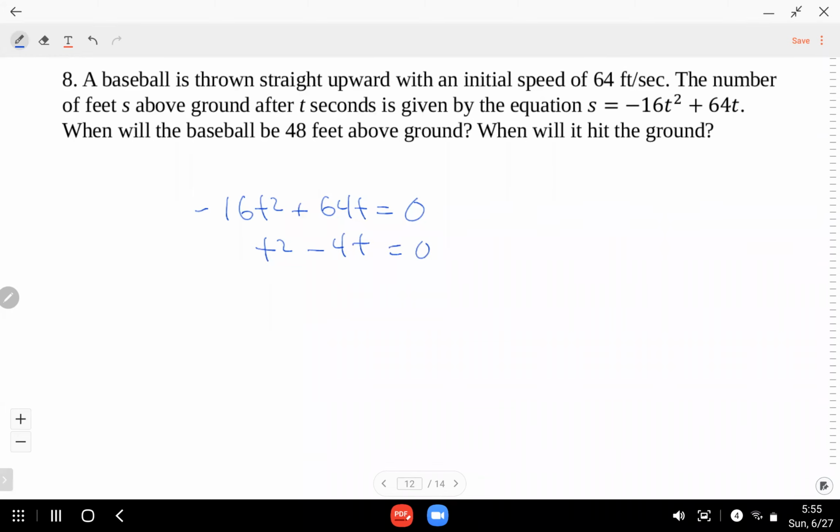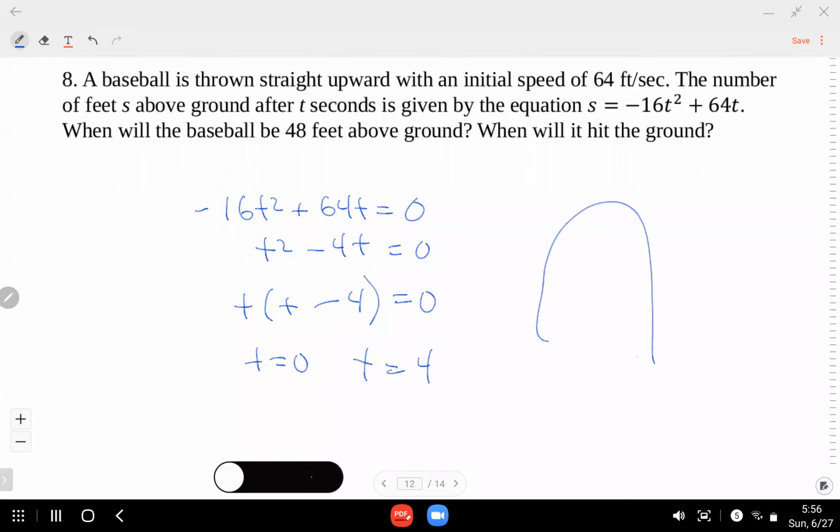After you subtract 4t, now you just need to factor t minus 4 equals 0. So basically t equals 0 and t equals 4. So 4 is correct here. It's going to go back down, and at that point it's going to be 4. And 0 is when you haven't even thrown it yet.